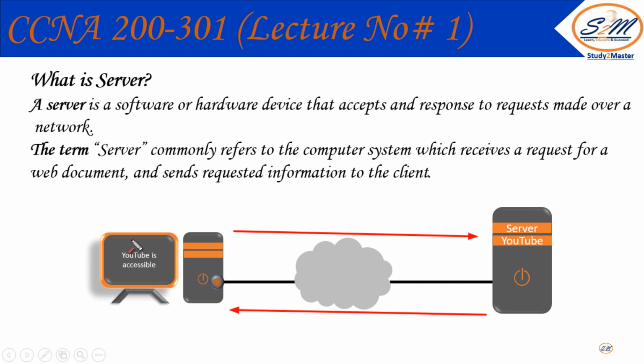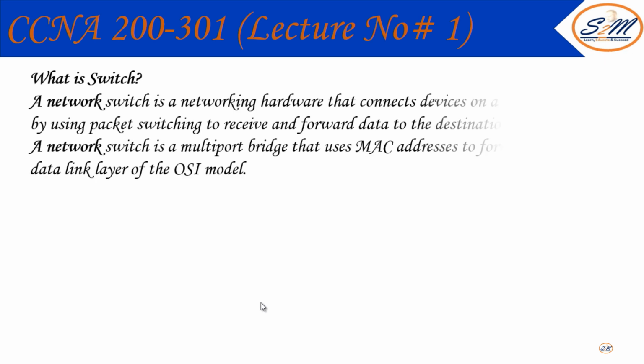So here we have information. YouTube is accessible. It means the client can access information from the server, and the server provides the information to the requesting computers, end nodes, workstations, or clients.